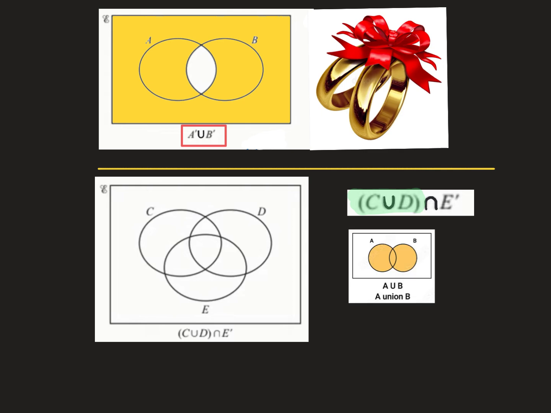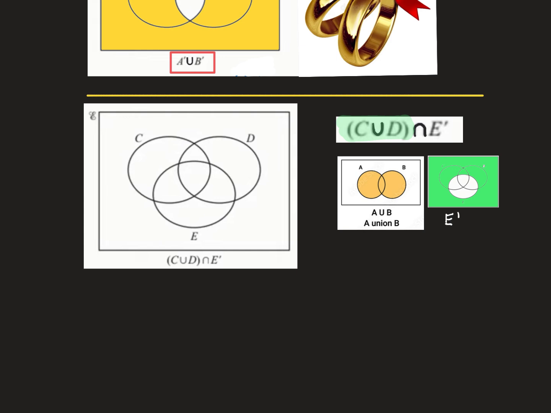As you can see, two sets that are united, no matter what their names are, A, B or C, D, will always look like this. And E complement will be everything that is not E. That is not E. That is not E. That is not E. And that is not E. Now that we know what they look like, what we actually want is the intersection.